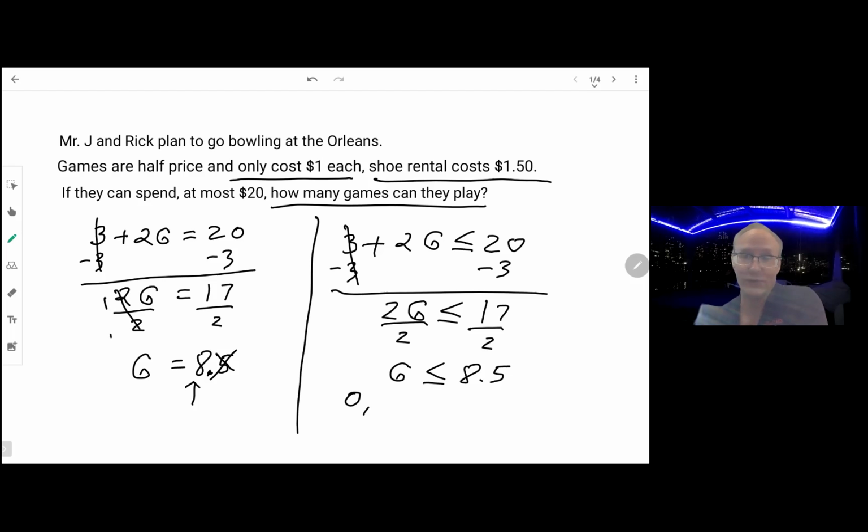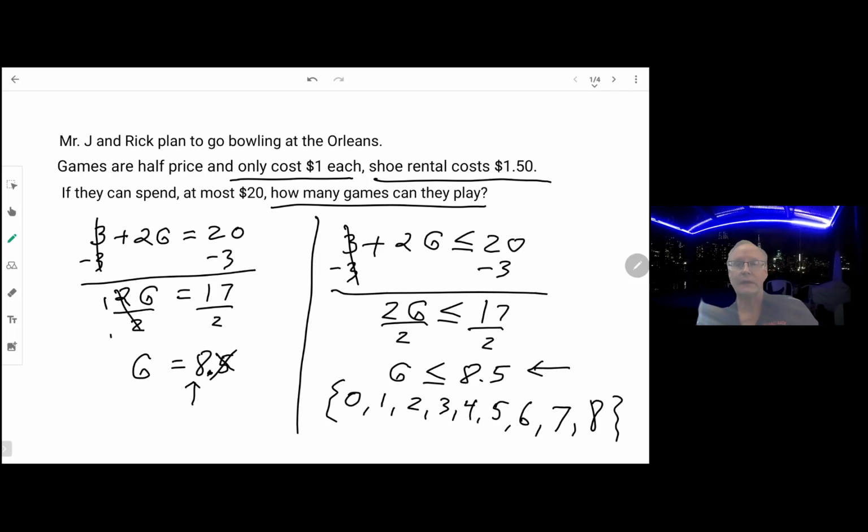They could play 1 game each, or 2, or 3, or 4, or 5, or 6, or 7, or 8. All of these solutions make this true. Now, we can't really talk about negative games, but we can talk about the number of games they could play, and this is the solution set.